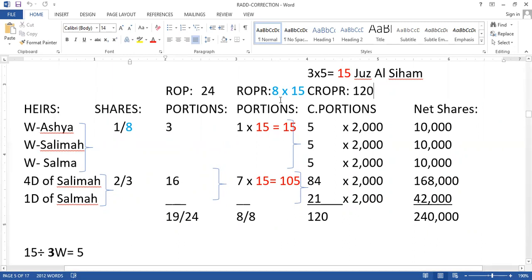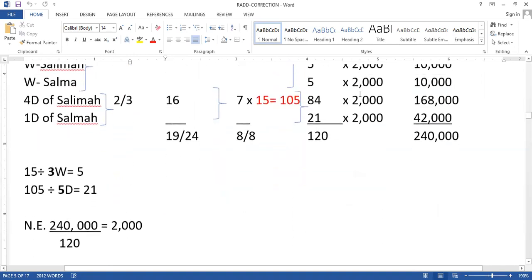No? So in this case, we have 24 and then we also have 8 and then we also have 120. So ang pinakahuling na gamit natin is 120. That's why nag-divide tayo dito. 240,000 divided by 120 is equals to 2,000. Meaning, per portion is equivalent to 2,000 pesos.